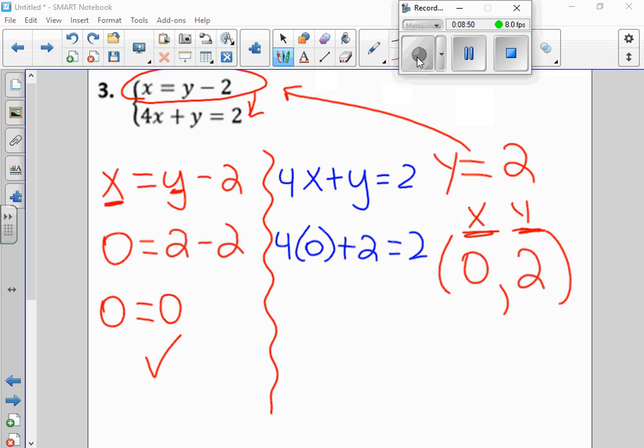Now this time we have to simplify our left side while our right side just drops. 0 multiplied by 4 gives me 0, so it goes away. 2 drops equals 2. Does 2 equal 2? Yes, it does. So we just verified that our solution makes this system work. That's the correct solution to our system of equations.